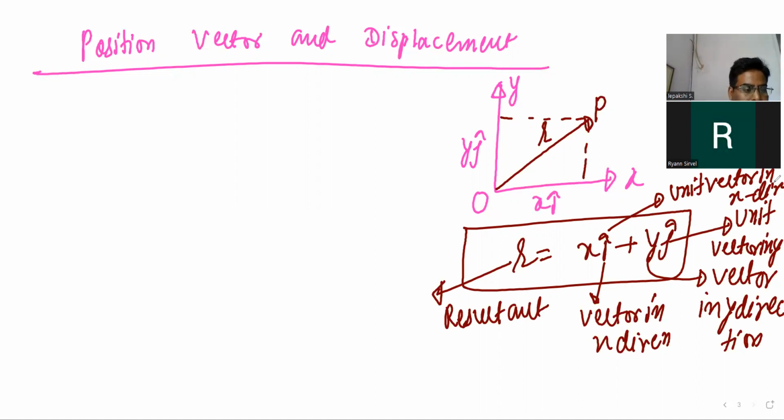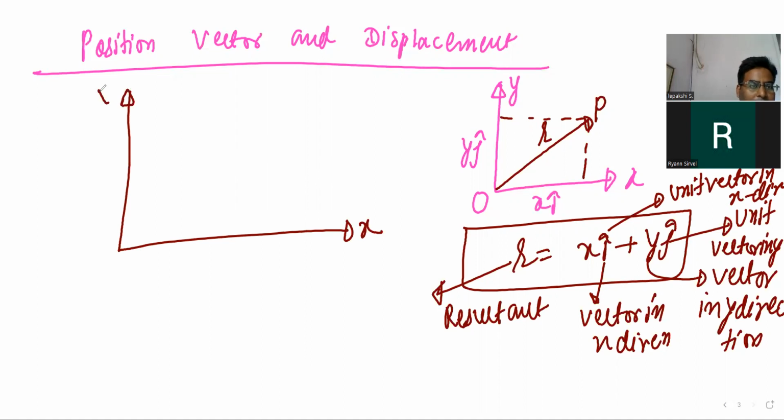Now for that I will draw another diagram. Suppose I am taking this as x and this as y, right? So this is the resultant value. It is denoted by point P, right? And its value is R, right? So now I will make some changes. Suppose first join this line, right?